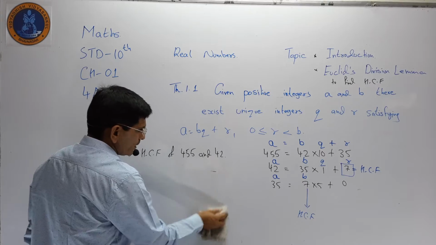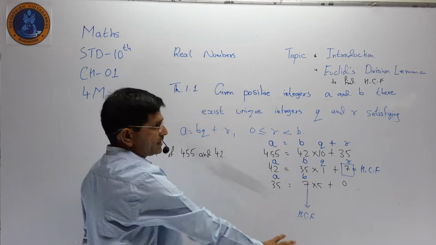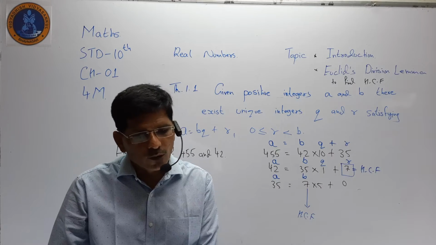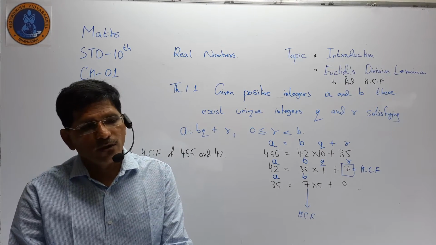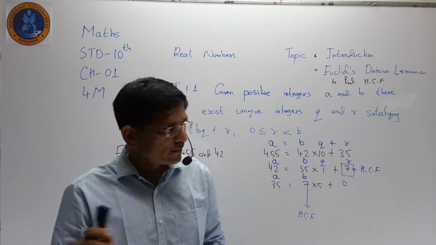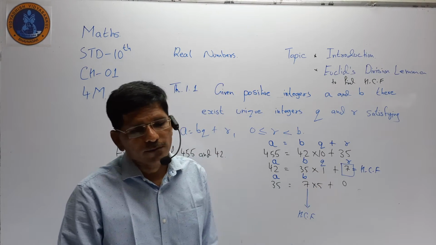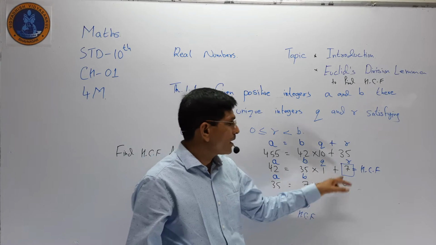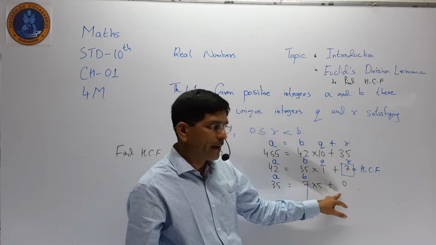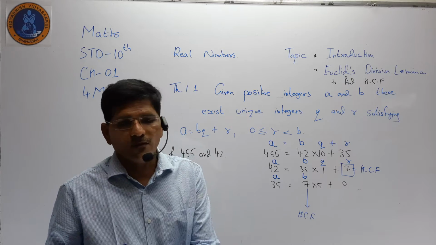So I think you must write this, because these are all the important ways I am describing. We can now do any type of sum related to finding the HCF. Again, one statement is that if R is equal to 0, then B is my HCF, or the last non-zero remainder, 7, we can take as the HCF.